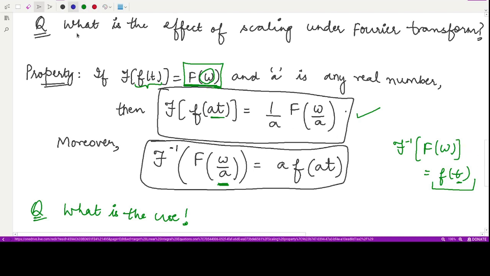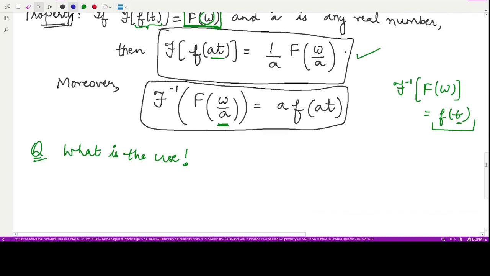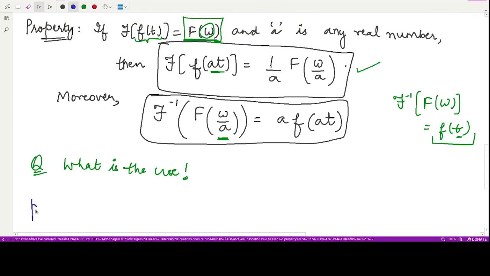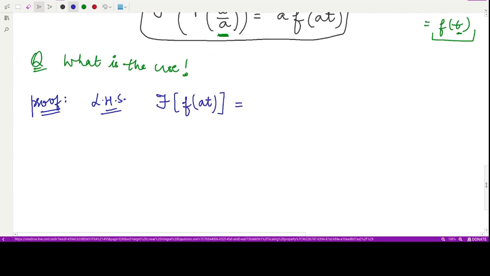Okay, so now it's time to prove the property. For the proof of this property, we start with the left hand side, which is the Fourier transform of f of at, right? We can apply the definition of Fourier transform here.